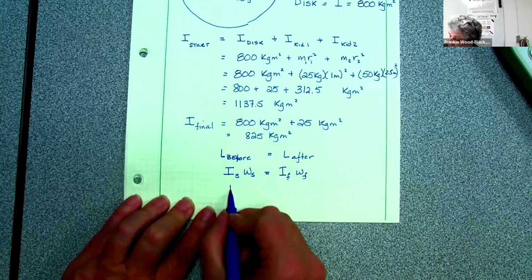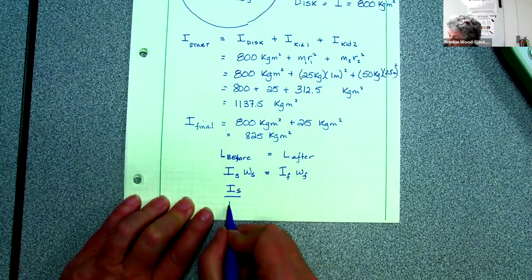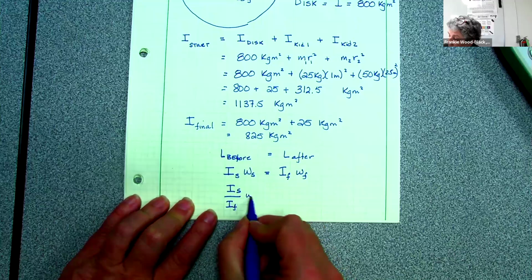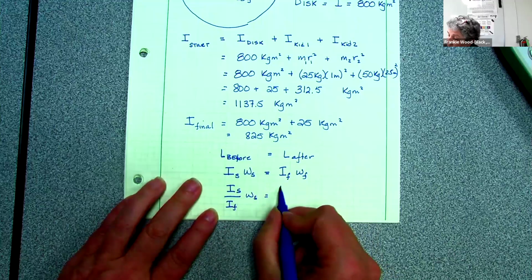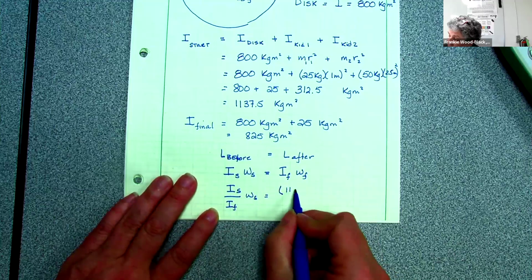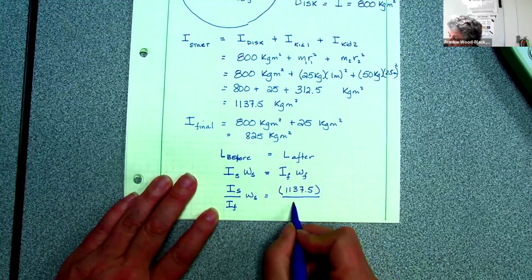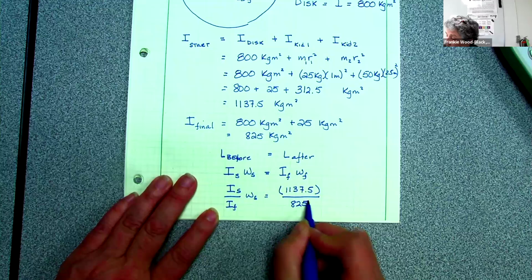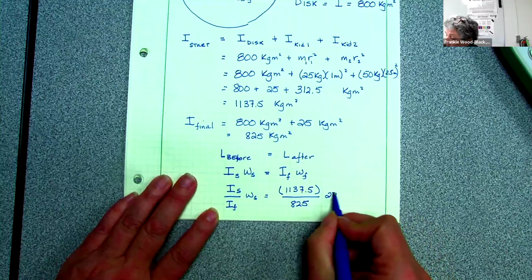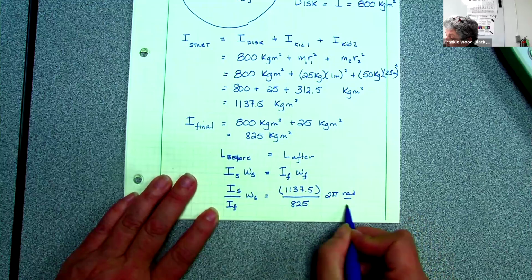And so now we can calculate that. This was 1,037.5, and we're going to divide it by 825 and multiply by 2 pi radians per second.